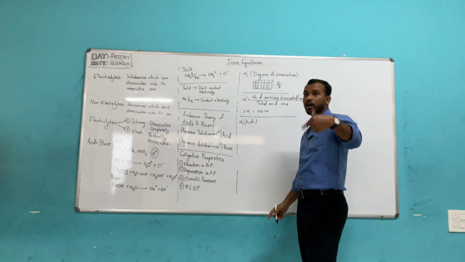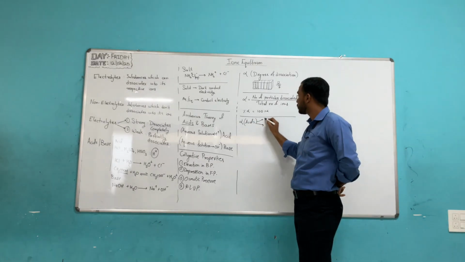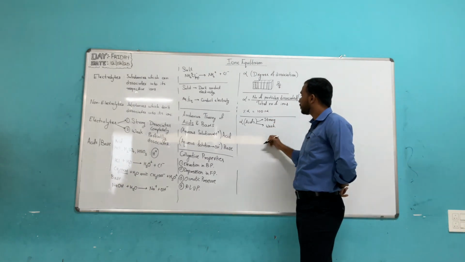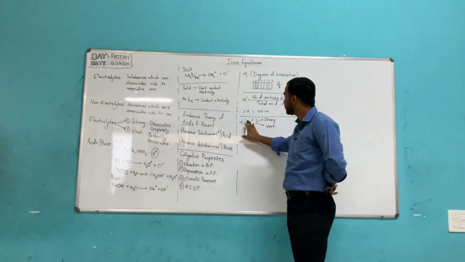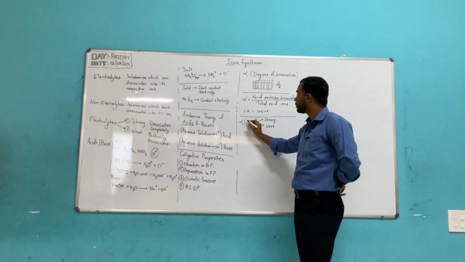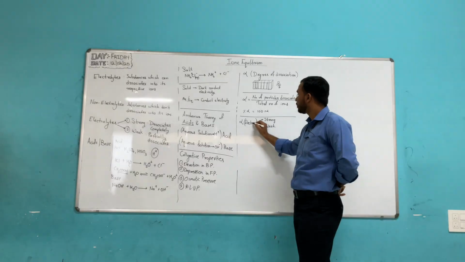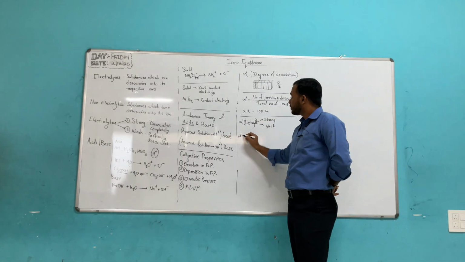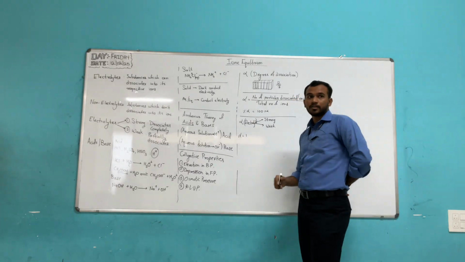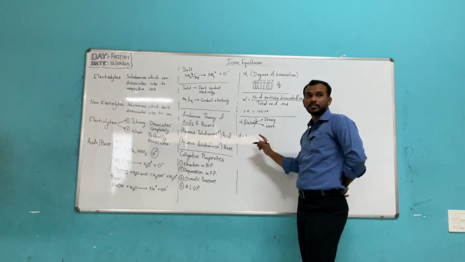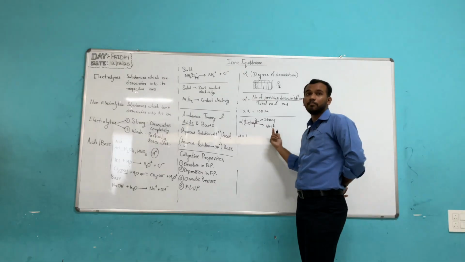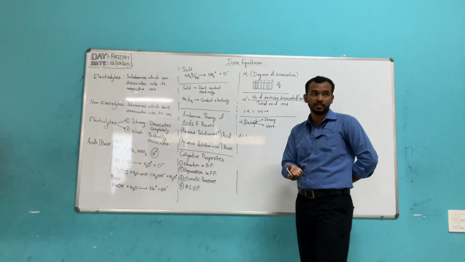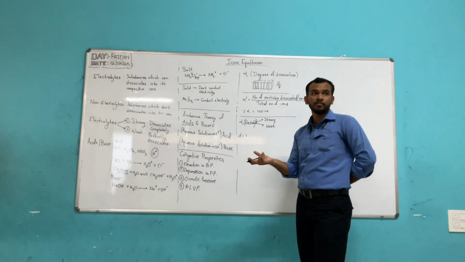Acids are also of 2 types, strong acids and weak acids. So if I continue this discussion with the electrolytes, what can you tell? The degree of dissociation will be 1 for the strong electrolytes, since they undergo complete dissociation. Means 100% are getting dissociated, so alpha will become 1.